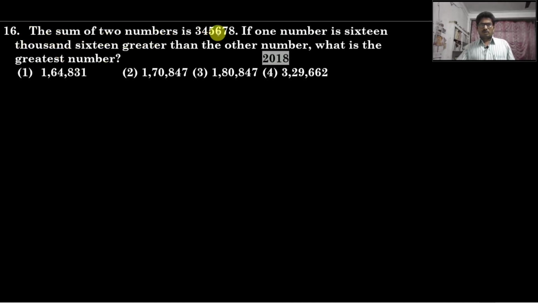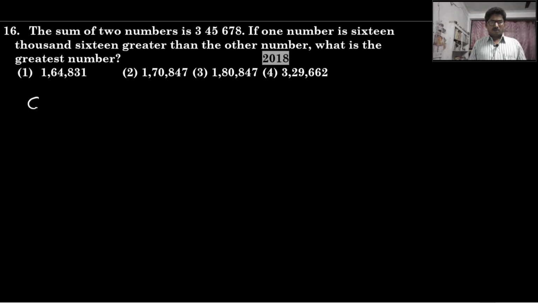The sum of two numbers is 2,45,678. If one number is 16,016 greater than the other number, what is the greater number? To find the greater number, we have a formula.